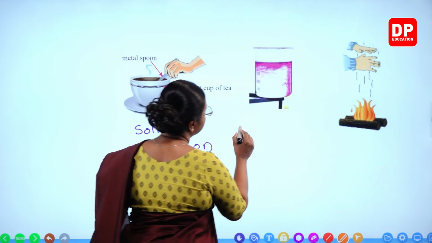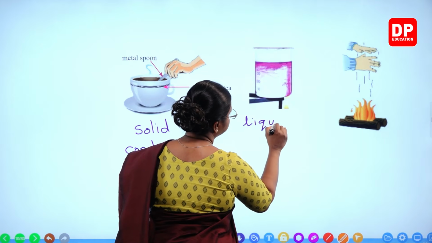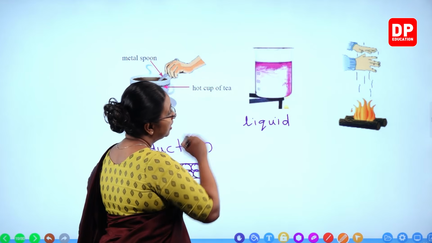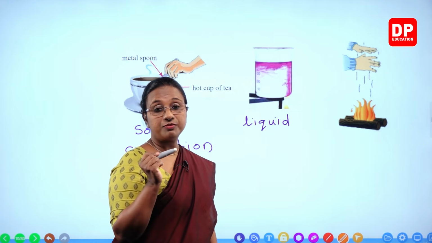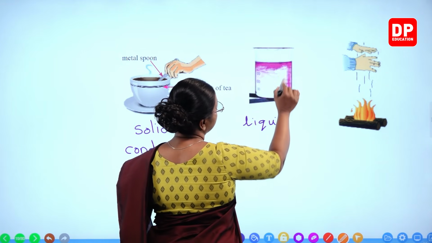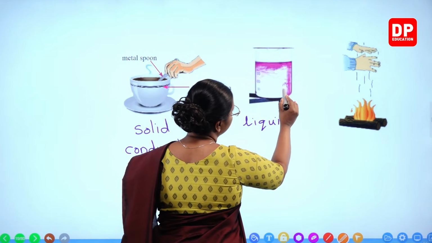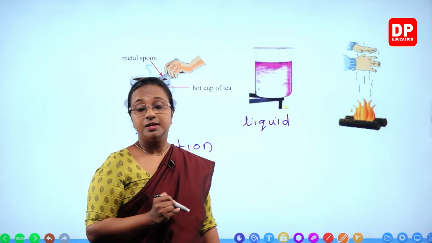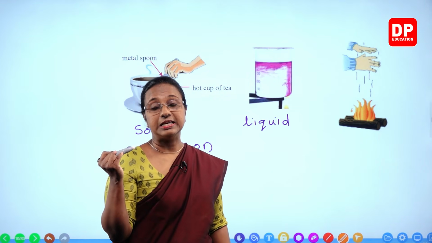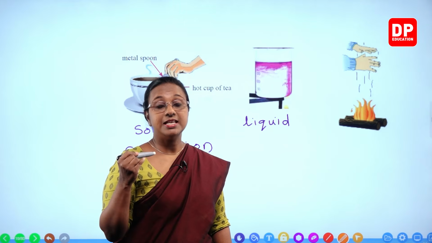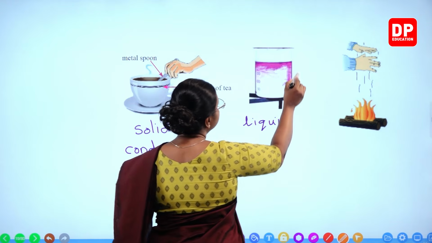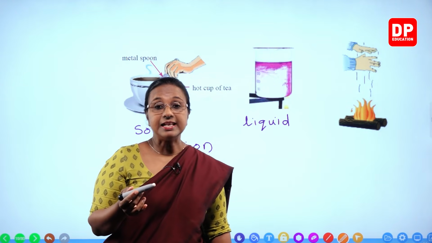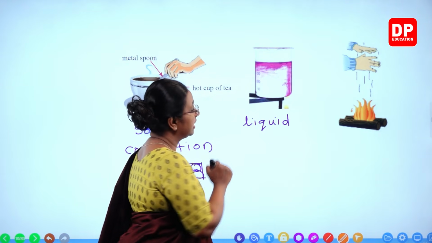Then, if you take the second one, this is in a liquid. Now you are familiar with this also. We put a small chunk of potassium permanganate, then you have water inside the beaker. You provide heat to a particular part of the beaker. So when water gets heated up, what you see is the movement of these colored particles. Why does that happen? Now water is a liquid.